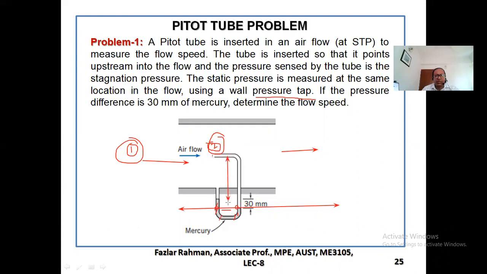From here, you come down right over here, like a manometer. And how much will be the pressure over here? Same thing, point 1 is right over here. So from this point, we count this much. Then, if you think this is point A and this is point B, you say pressure A equals pressure B. Then you figure out the velocity of the fluid.